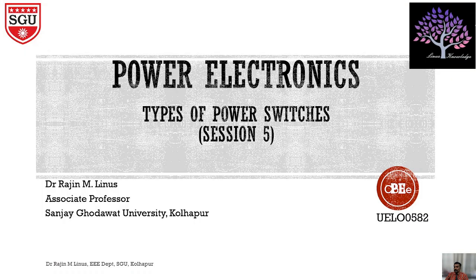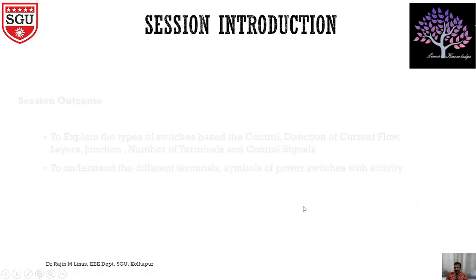In today's lecture, we are going to learn about different types of switches used in power electronics, with an activity to know the terminals of the power switches in Genially. Let us see the outcome of today's session, especially the types of power switches.